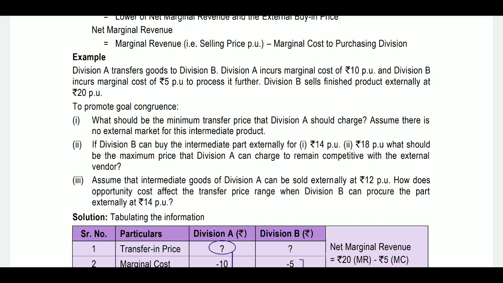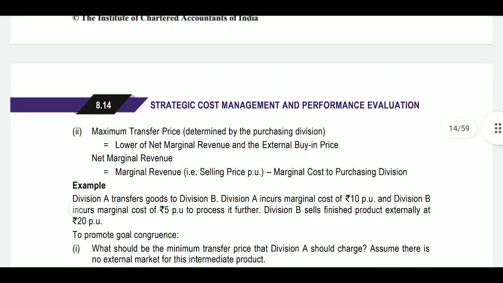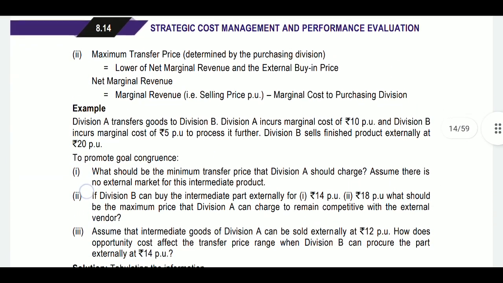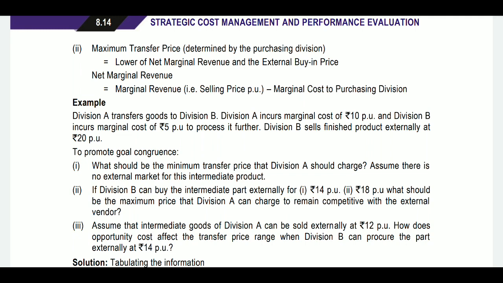For this, our minimum was 10 rupees, and for the maximum we will see the marginal revenue. 20 rupees is the marginal revenue. And what is the marginal cost we are investing? 5 rupees. So 15 rupees is the amount, which is the net marginal revenue. What is the formula?